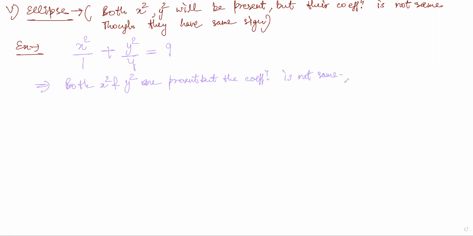Now the coefficient of x square and y square, both are greater than 0. So both have same sign. Either they both should be present, or I mean positive, or they can be negative. But both has to be same. Then it implies that the given equation represents ellipse.